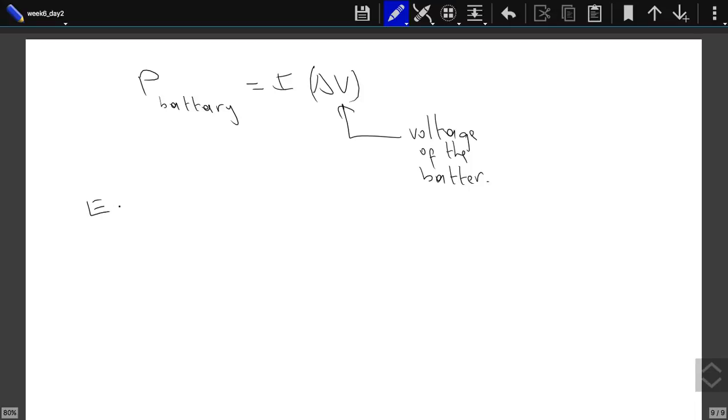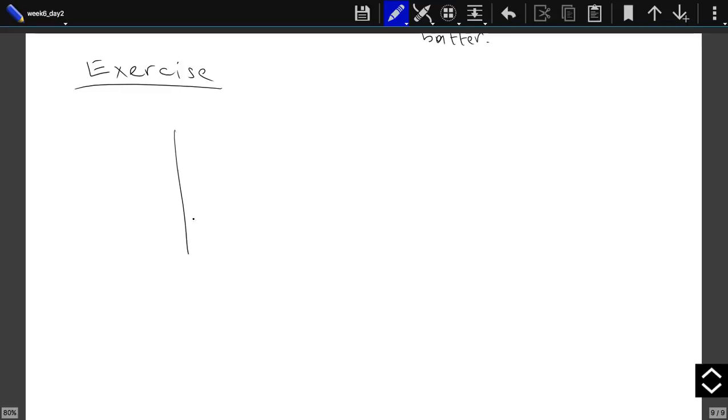Now let's do an exercise where we will be combining many things we have learned. If you remember, we had discussed the force acting on a dielectric. This is our parallel plate capacitor, and we put a dielectric inside.